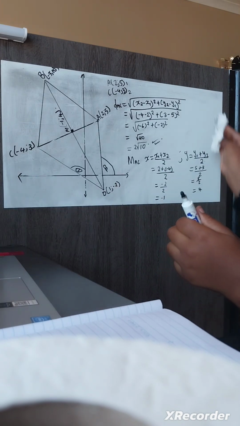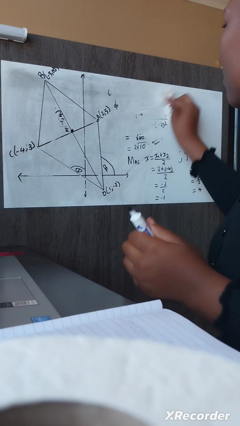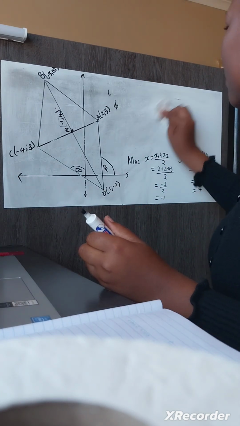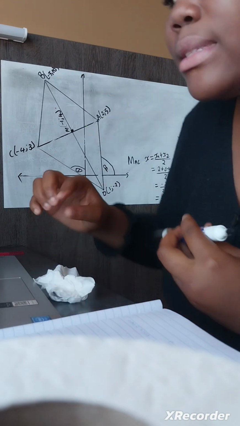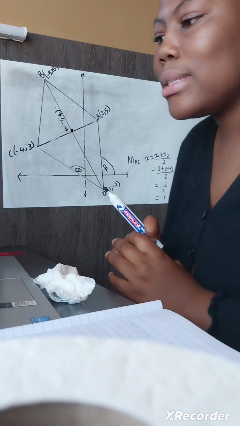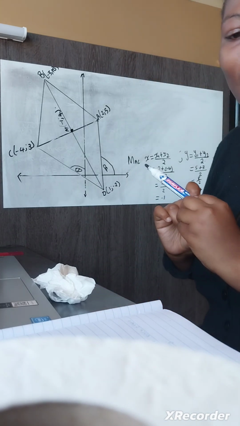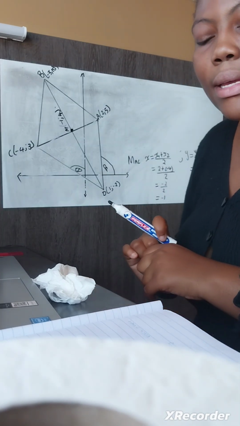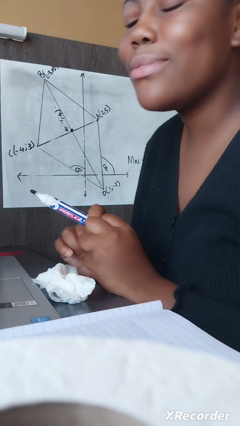Then moving to our third question, it says show that BD and AC bisect each other perpendicularly.